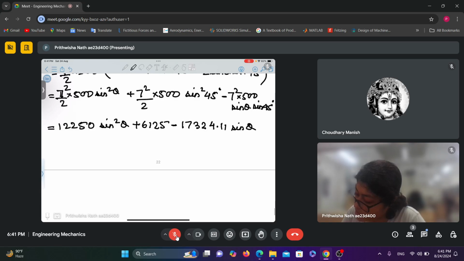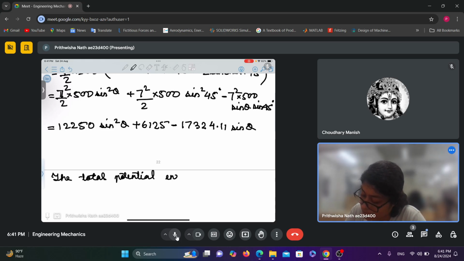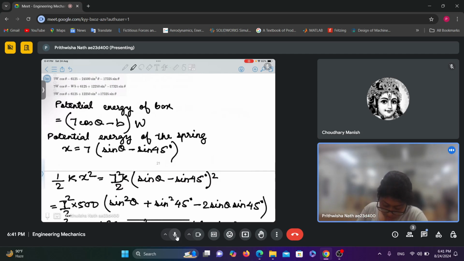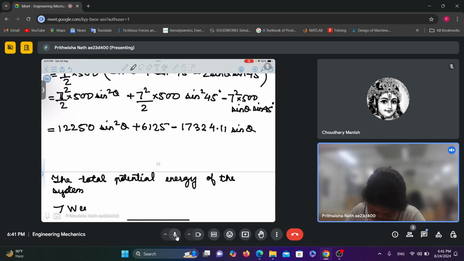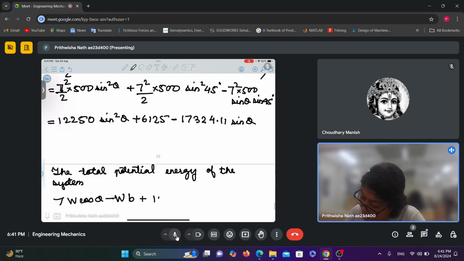So the total potential energy of the system would be 7 W cos theta minus W b plus 12250 sine square theta plus 6125 minus 1732.411 sine theta.